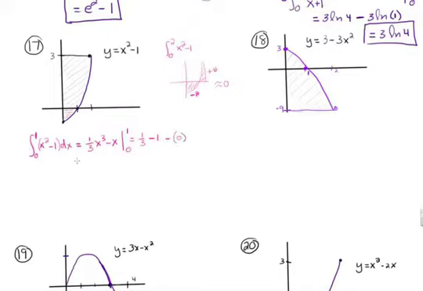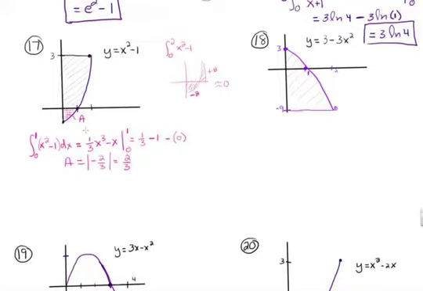So the answer becomes 1/3 minus 3/3, which is negative 2/3. So the integral says the area is negative 2/3, but we know that the only reason it's saying negative is because the rectangles that we're using have negative values. So we're just going to take the absolute value of that, and so we know that that little chunk right there is 2/3. Let's call this area A. So A is 2/3.